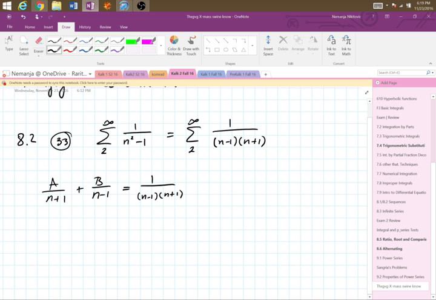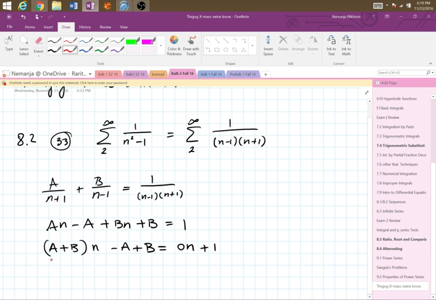And now we are going to go with the equation An minus A plus Bn plus B equals 1. So (A plus B)n plus (minus A plus B) equals 0n plus 1.